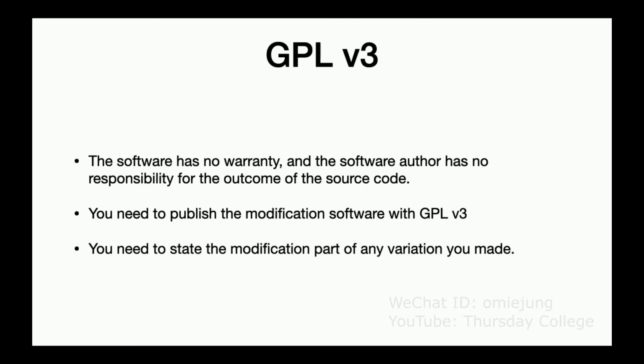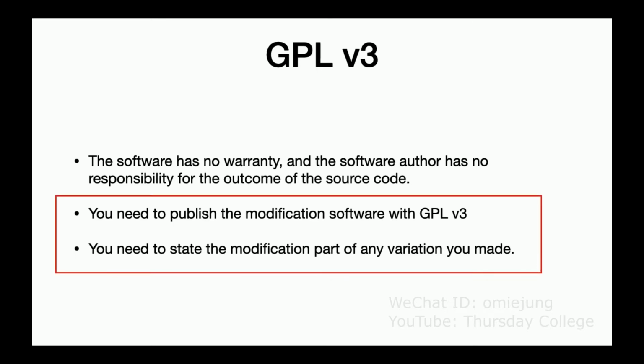And when you modify the software, you need to publish the modification, and when you publish it, you need to tell the public which part of the software was modified by you. So if you see this last tool, the GitHub server is the one that provides it for you, so you don't need to create a tool for that. GitHub is gonna do the job for you.